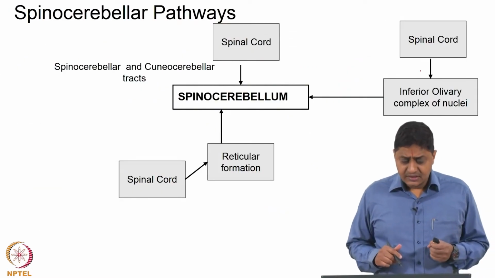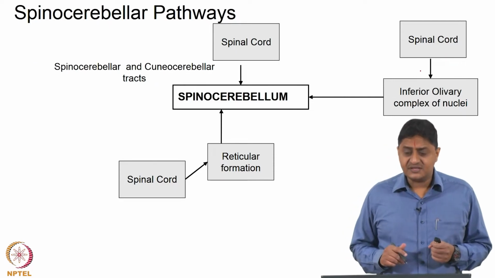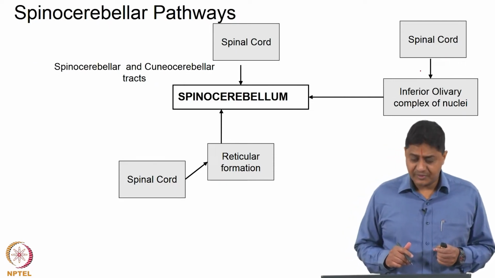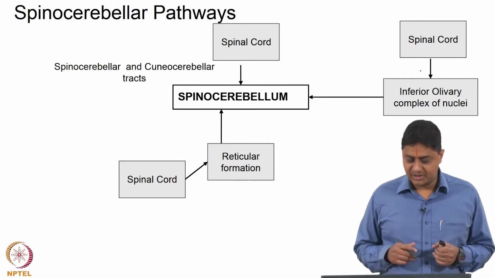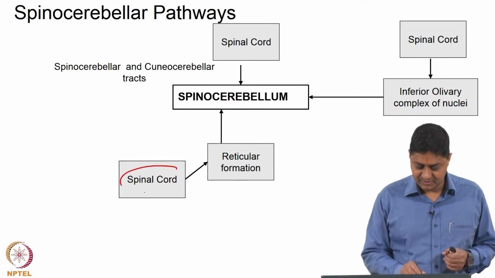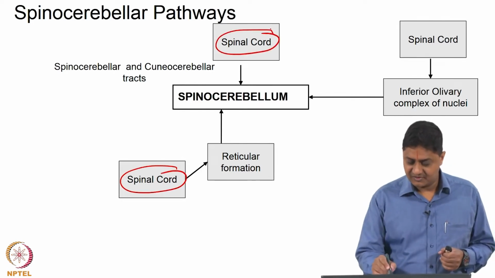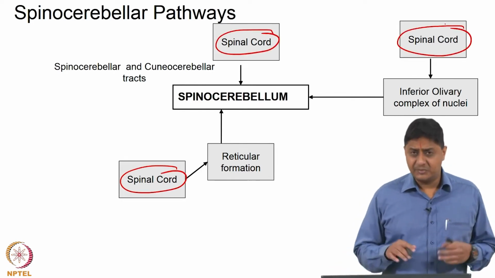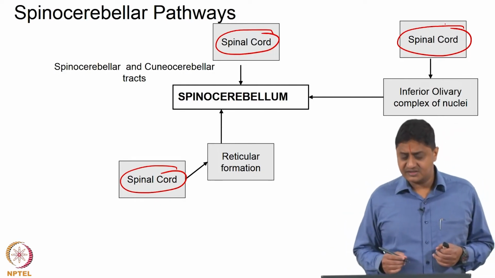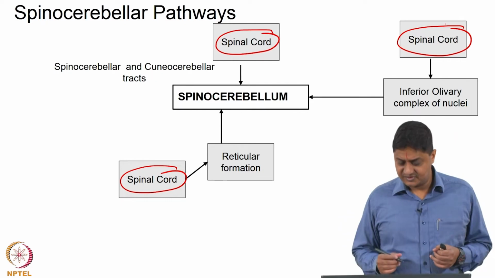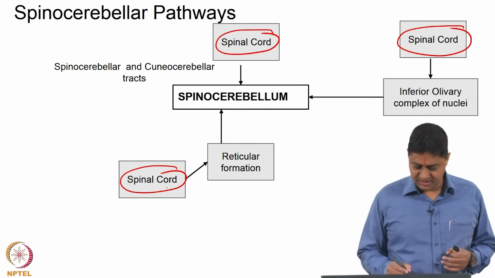Okay. So, when discussing how spinocerebellum receives inputs, it receives inputs through multiple modalities. So, you see spinal cord in multiple places here, spinal cord, spinal cord, spinal cord. It is placed in 3 different places for convenience actually. So, that means the spinocerebellum receives input through multiple pathways.